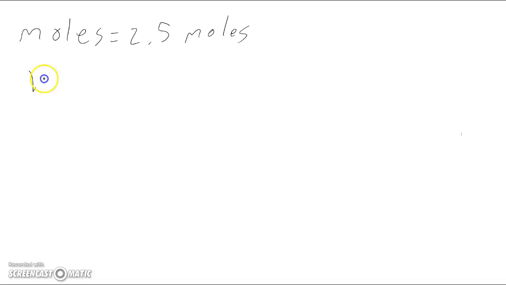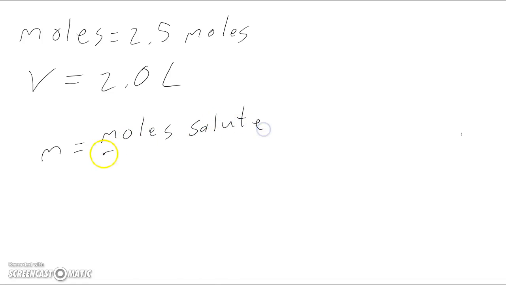Well, we had our volume, which was 2.0 liters of water. But remember, molality equals moles of solute, which we have, our sucrose, over mass, in other words, kilograms of solvent.